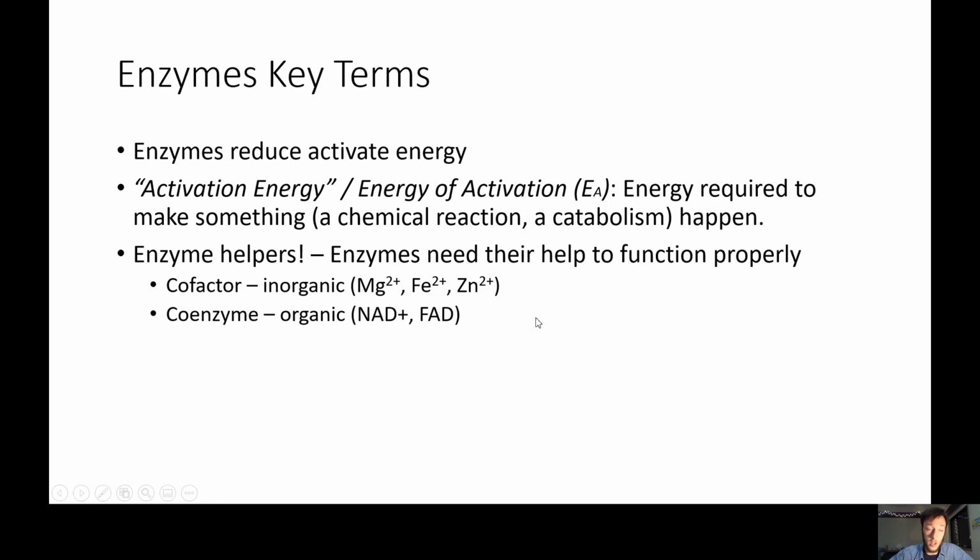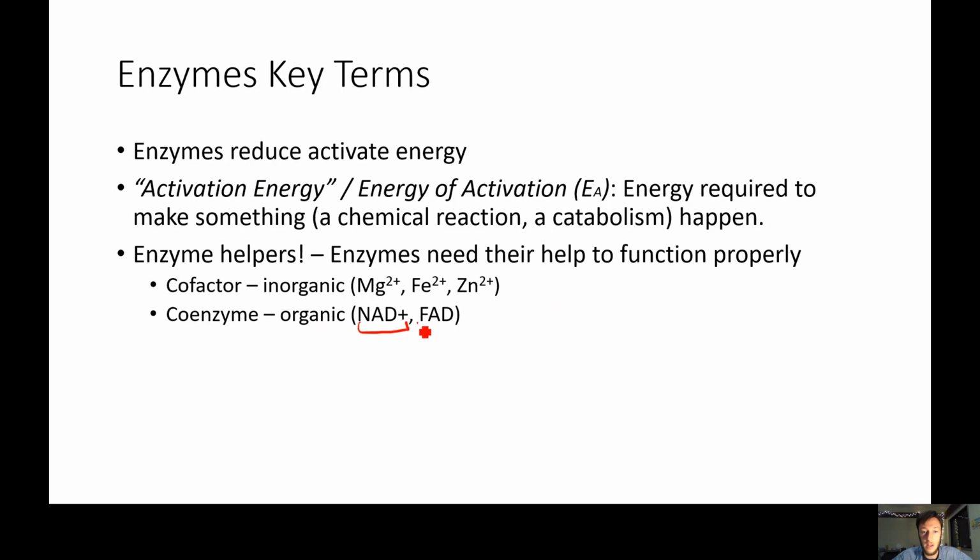All right, now there's another key element of enzymes, and that's that they often don't work on their own. They need to be activated by cofactors and coenzymes, which are essentially the same thing, except that cofactors are typically elements, not complex structures.